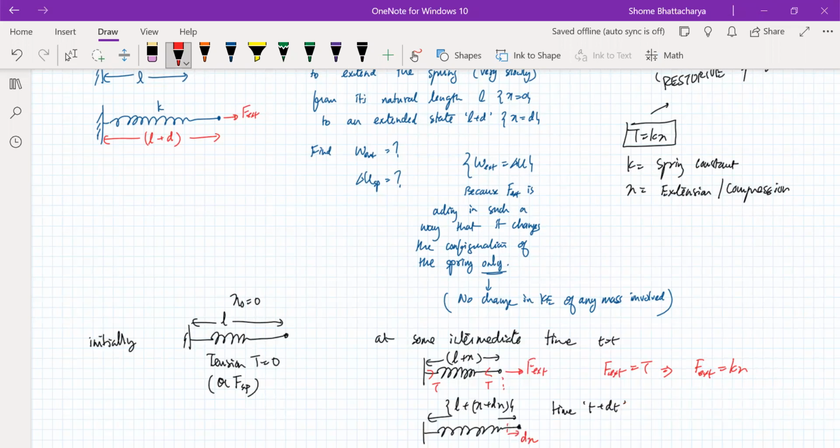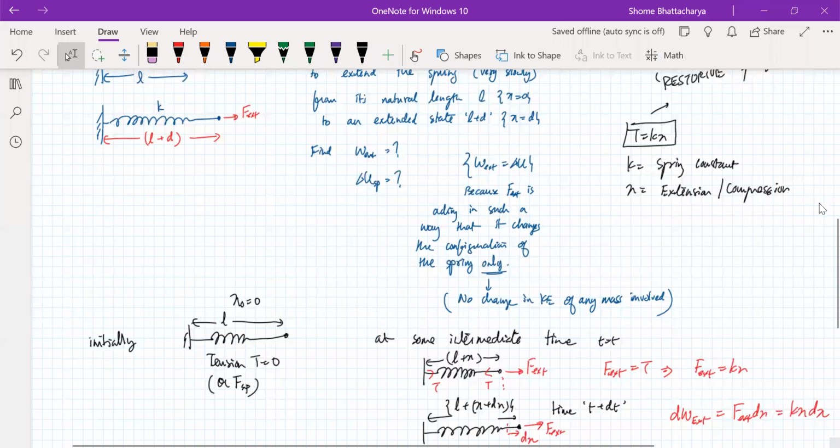So how much work has the external agent done? Work done by the external agent for this small displacement is force into displacement. So the force's magnitude is kx and the displacement is dx. So it's a variable force, so we have to use integration to find the total work done.